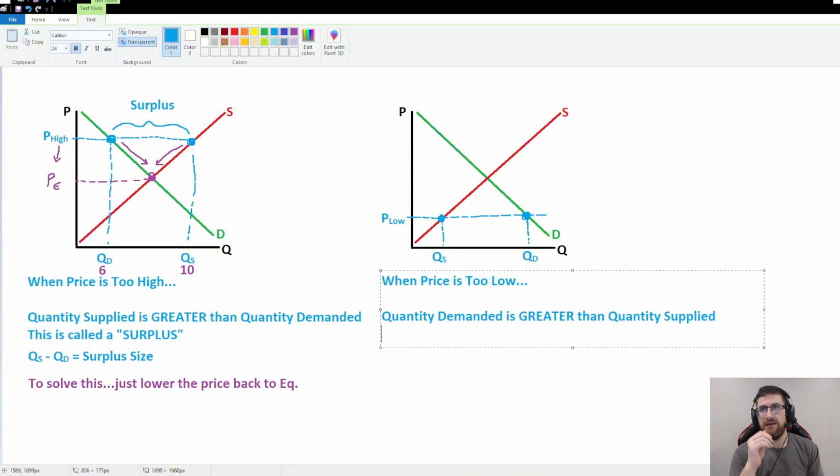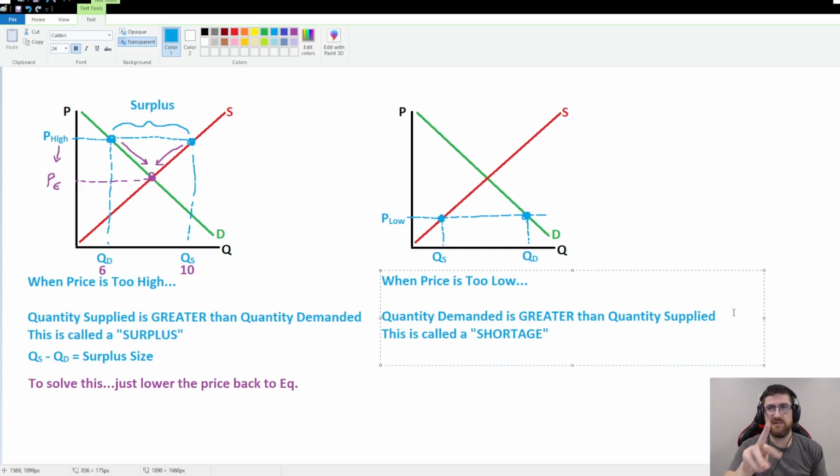This one, be careful. A lot of people want to call this a deficit. It's not a deficit, okay? This is called a shortage, right? One way to remember this that I like is that because it's lower, it's short, so shortage, short, all right? Not too hard to remember, but possibly worth it.